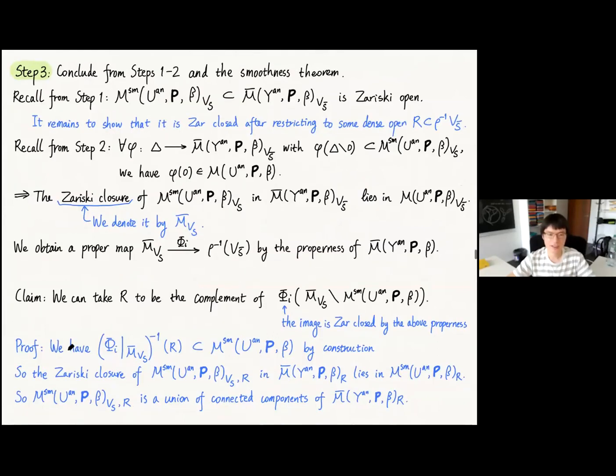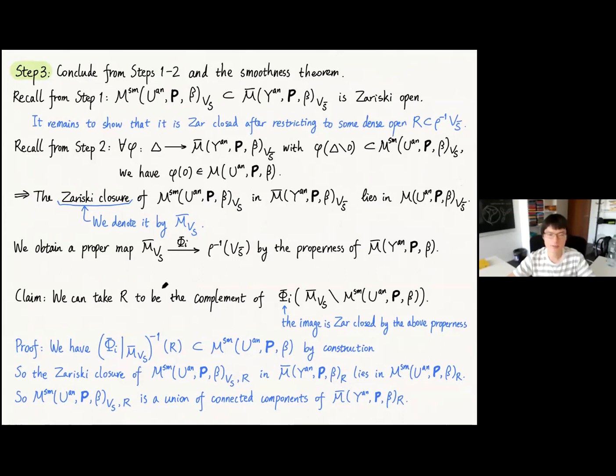Proof of the claim: the pre-image of R lies in the good locus by definition, because we have taken out all the bad locus. So the Zariski closure of this M smooth restricted to Vs and R inside M bar restricted to R lies in M smooth.